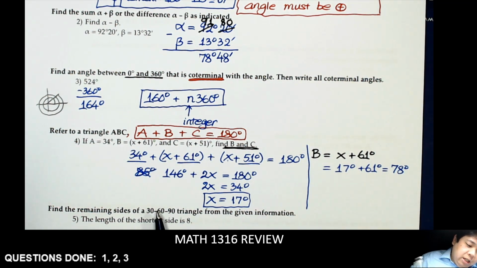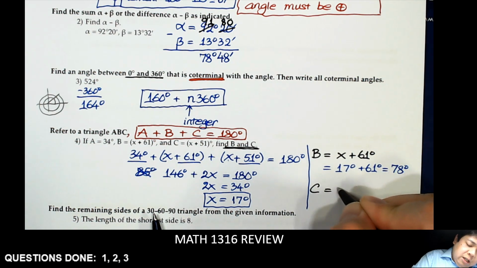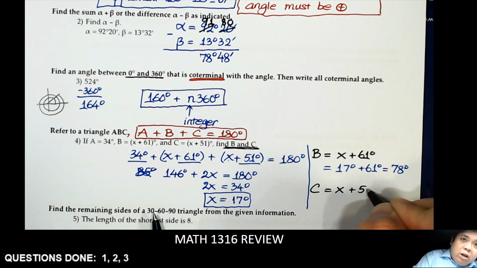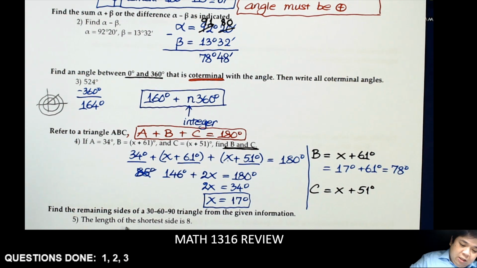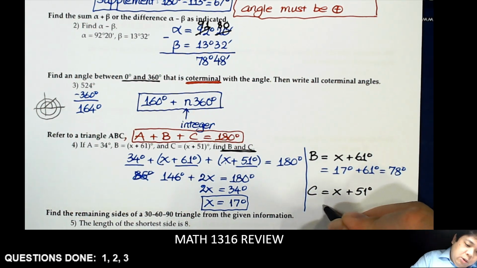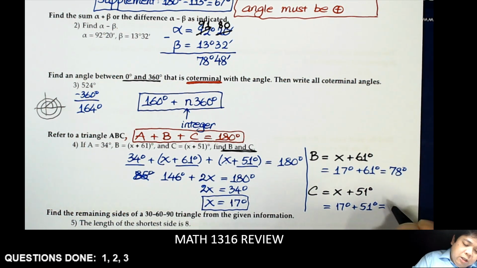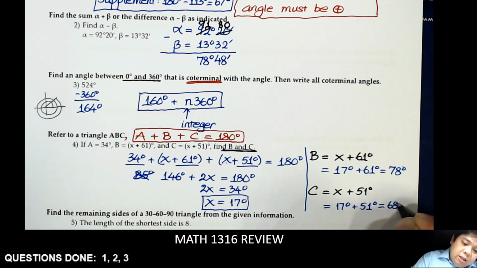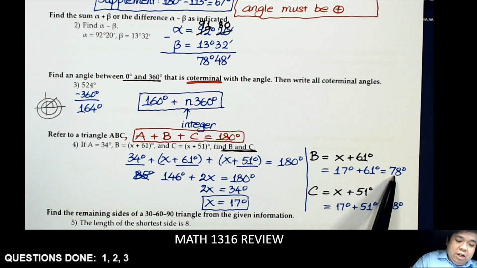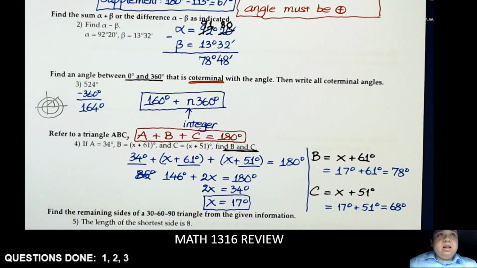Angle C is x plus 51 degrees, so 17 degrees plus 51 is 68 degrees. So B is 78 and C is 68.